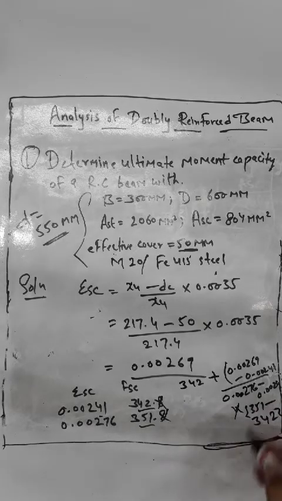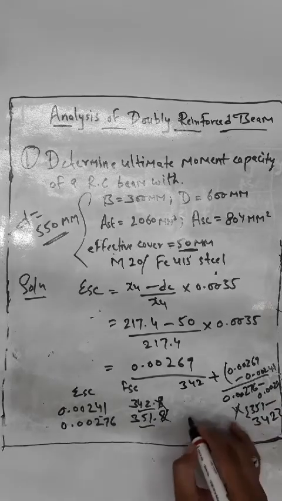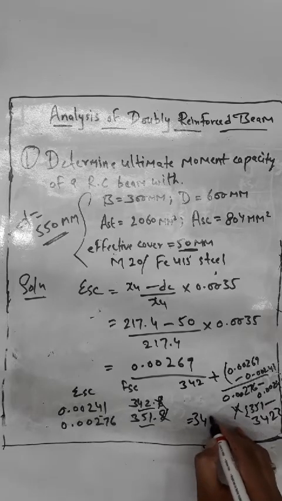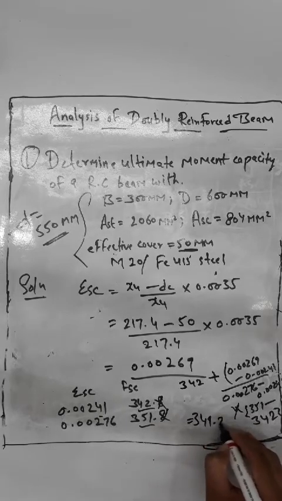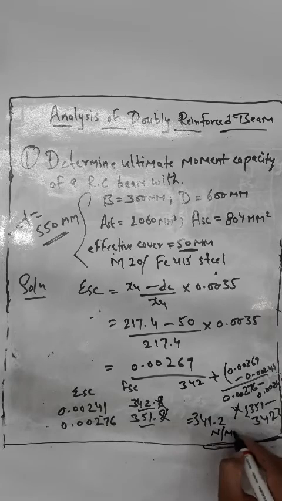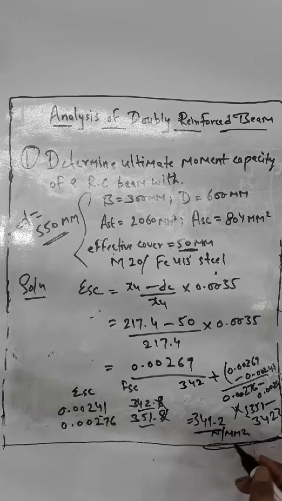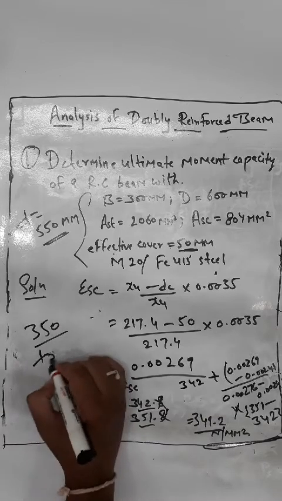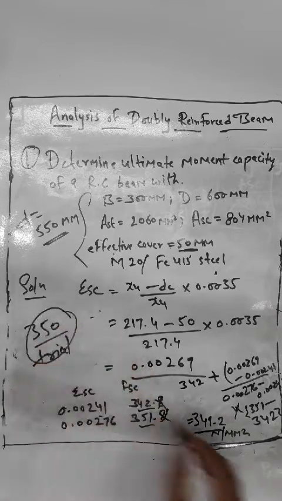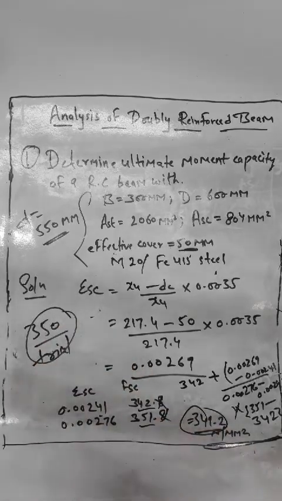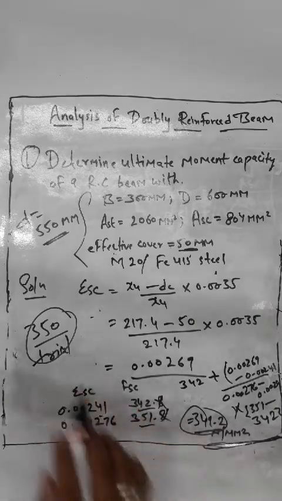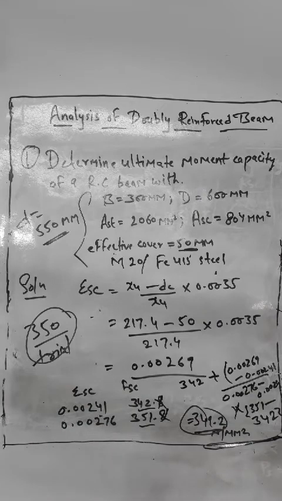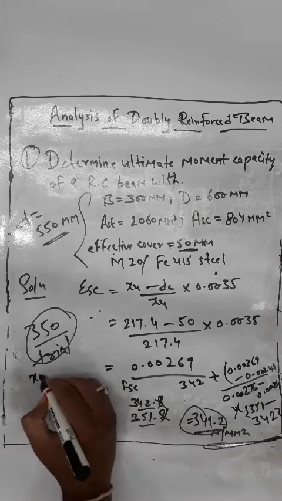So after solving this equation we get 349.2 Newton per mm square, and here we take 350 as a trial value, which means it is okay because this value matches with our trial value.